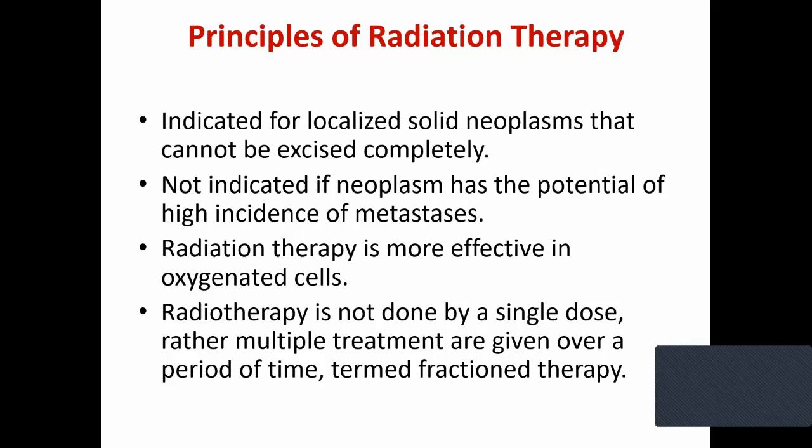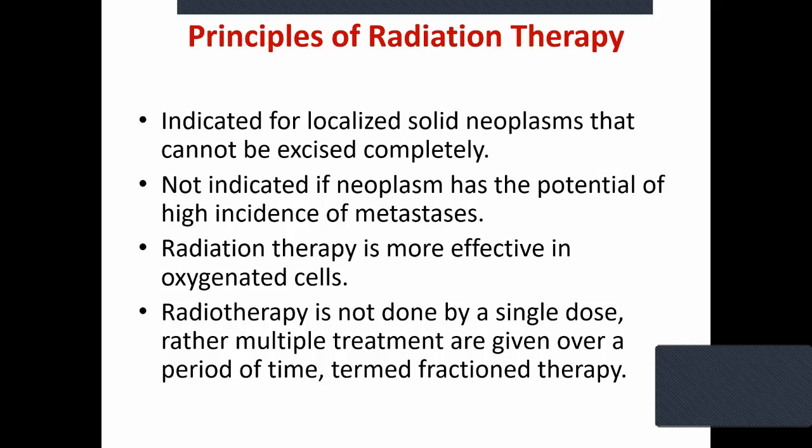So this is the advantage of radiation therapy for tumor cells. We take this behavior of tumor cells as useful for us to destroy them after bombardment with the radiation, right?